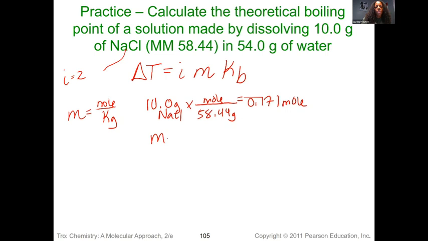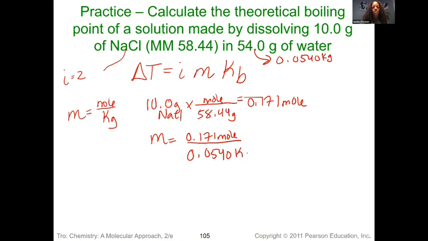To get the molality, we then take our 0.171 moles and divide by the kilograms of solvent. So again, divide the grams by 1,000, or move that decimal point 3 places, and that'll give us 0.054 kilograms. So we plug that in. We take 0.171 divided by 0.054, and that gives us 3.17 as the molality.